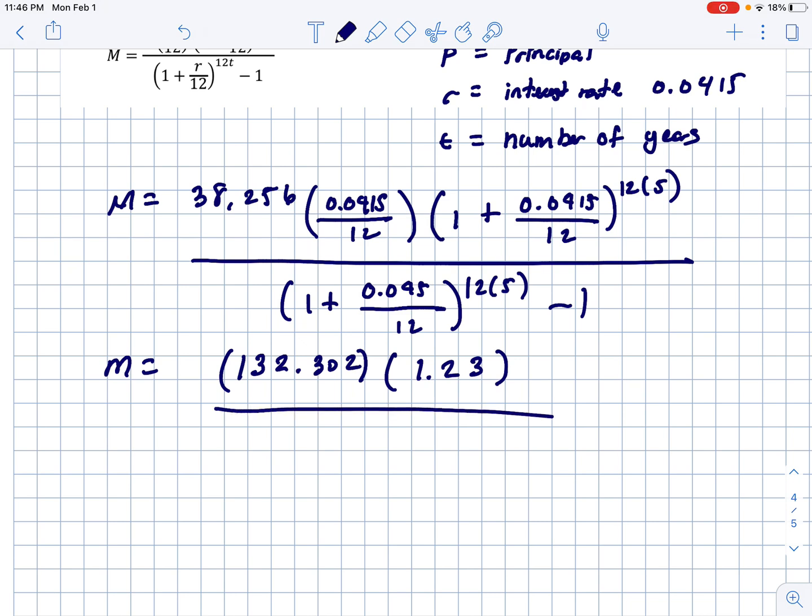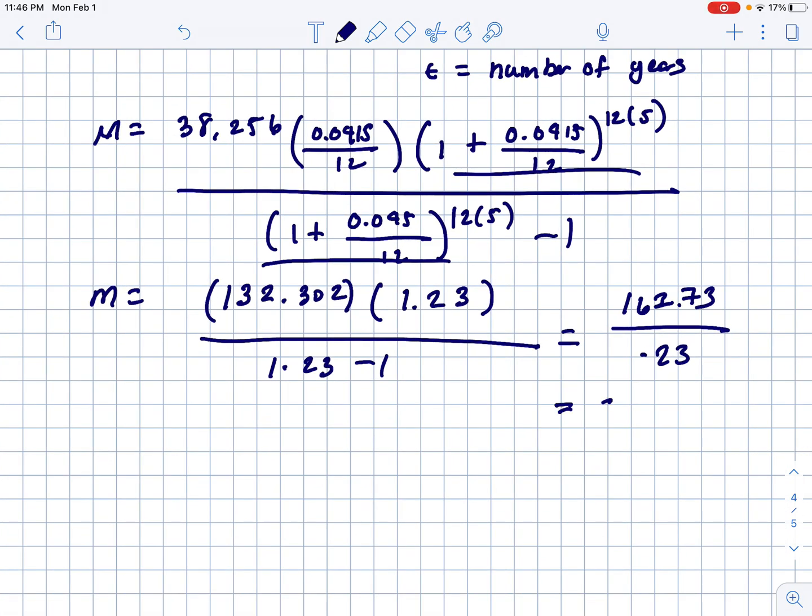Okay. So here, this is the same thing. These two right here. So I'll just bring that down. 1.23 minus 1. Okay, so 132.302 times 1.23 is 162.73 divided by 0.23.